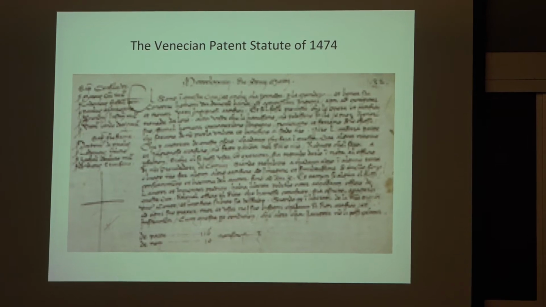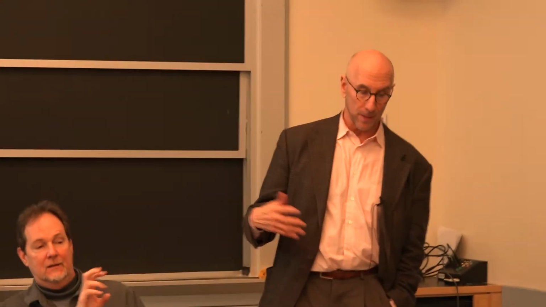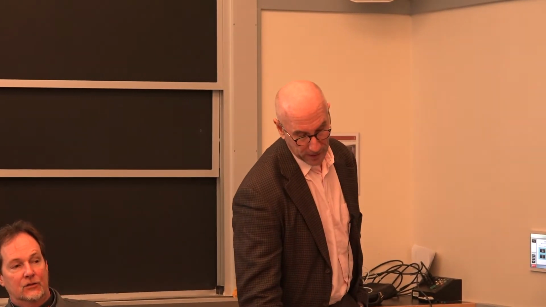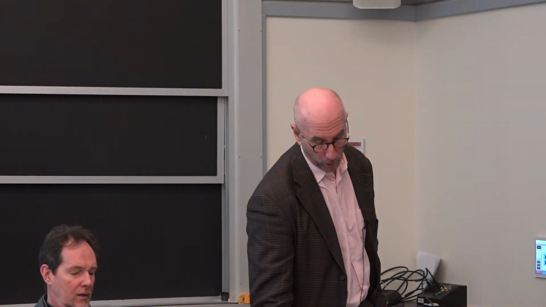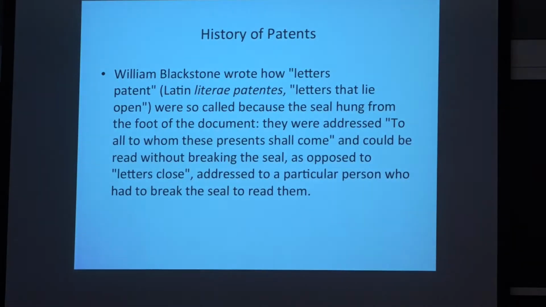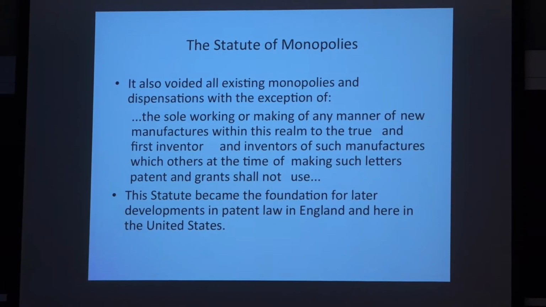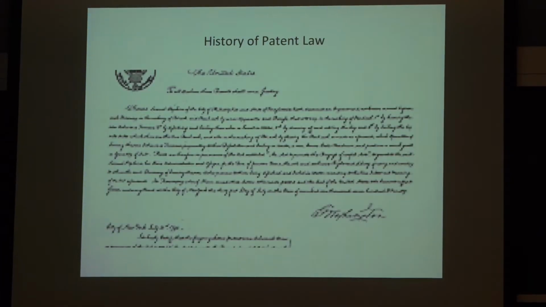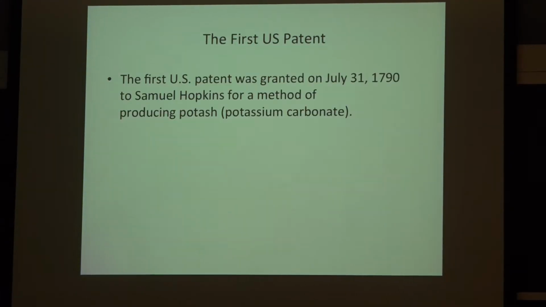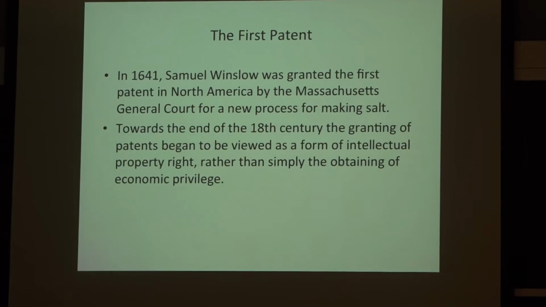This is the Venetian patent statute of 1474, and it's just an example of one of the earliest patents that historically exist. Like I said, lots of history in the notes, but rather than go through those, what I'll do is post them.